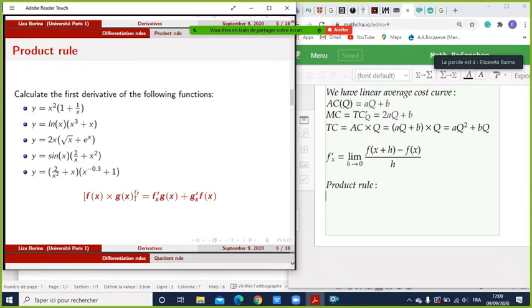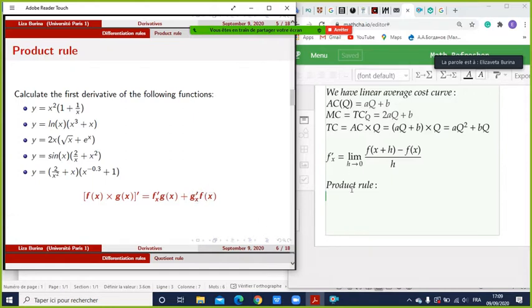What we're supposed to do to get the derivative of a product is not take a product of derivatives, as you can understand, since we have a formula for that. So we take the derivative of the first function with respect to x multiplied by the second function as it is, and then we add the derivative of the second function with respect to x multiplied by the first function as it is.